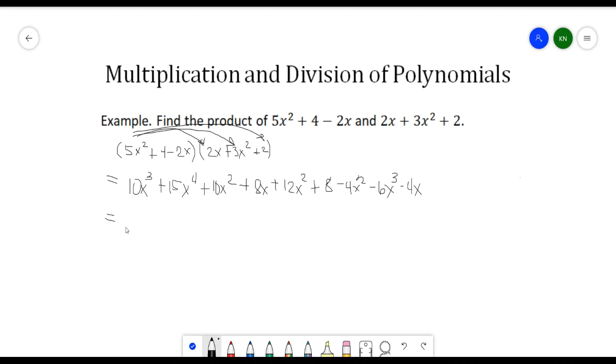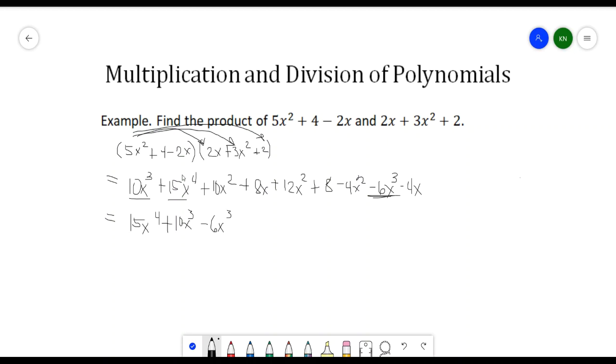So we have 15x to the fourth. We'll be rewriting 15x to the fourth. We'll also be rewriting this one since this is the next highest. So we have 10x cubed. And we also have this one, minus 6x cubed.